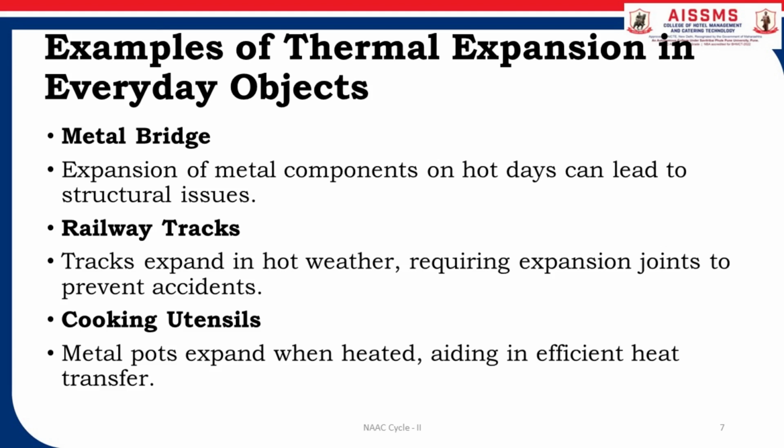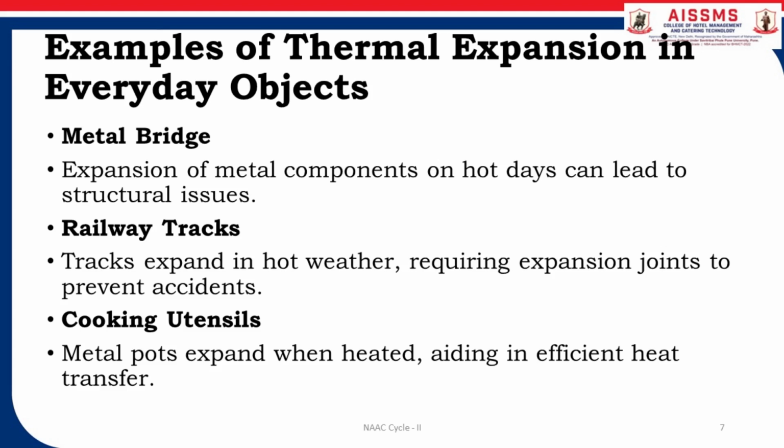Our second example is railway tracks. During hot weather, railway tracks can expand, causing them to buckle or warp. To prevent accidents, engineers install expansion joints and monitor track temperatures closely.